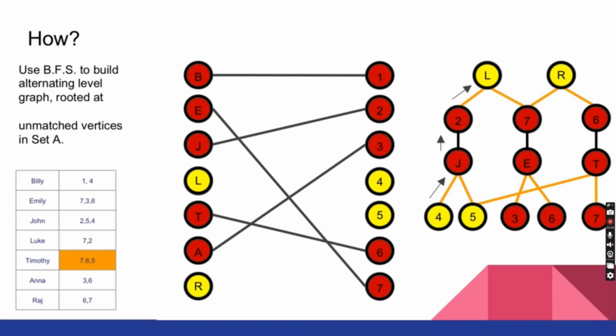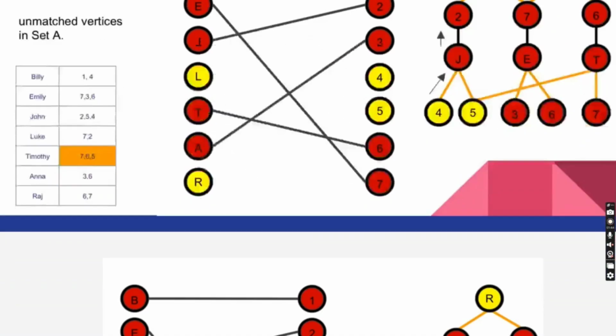Now let us take number 4. Using DFS we are going to get to the unmatched vertex on the other side, either L or R, going down this tree. Using this path from 4 to J, J to 2, and 2 to L, we reached L. To make sure that this path does not appear for another vertex, we need to remove this path.